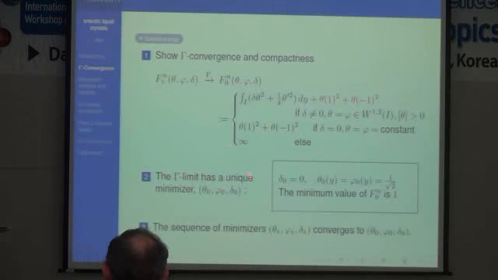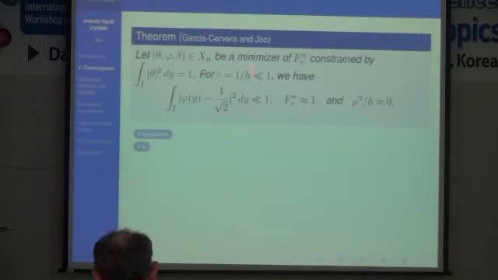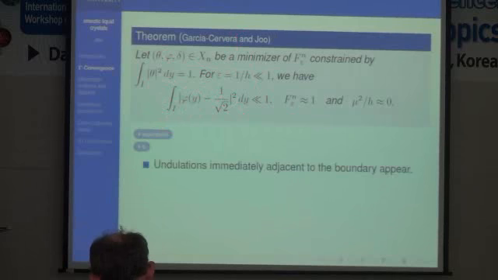And again, since it has the unique minimizer, the sequence of the minimizers itself converges to the minimizer of the gamma limit. So again, we can approximate our minimizer by the minimizer of the gamma limit. You can see that vertically, it does not depend on the y values, it's just constant.